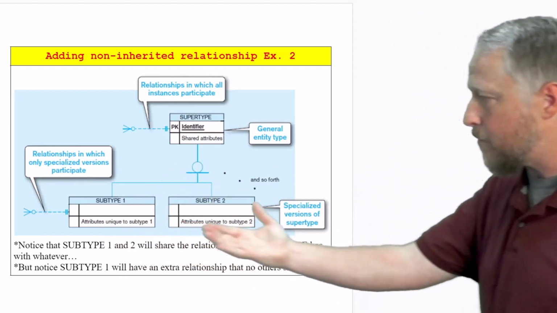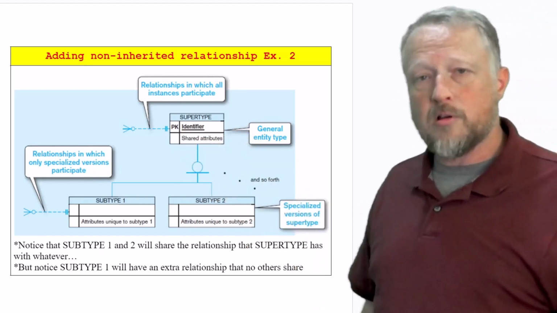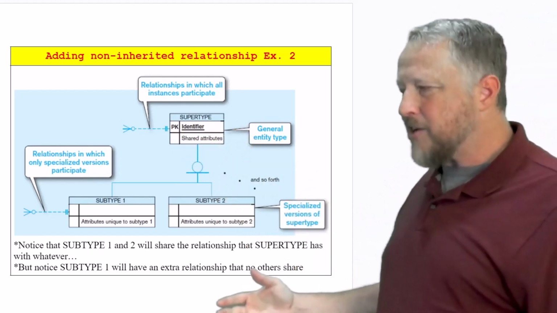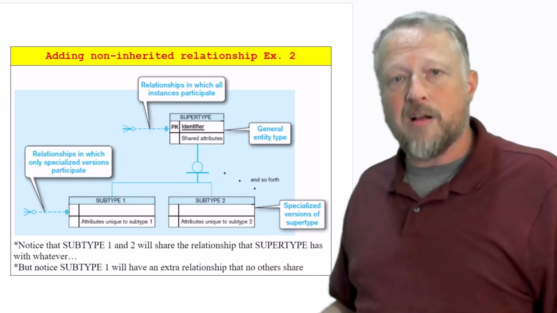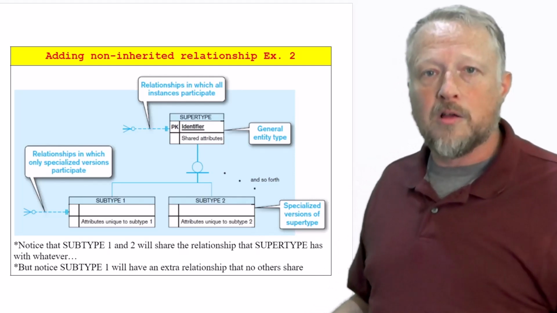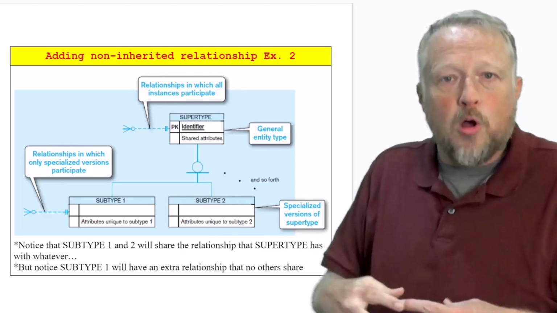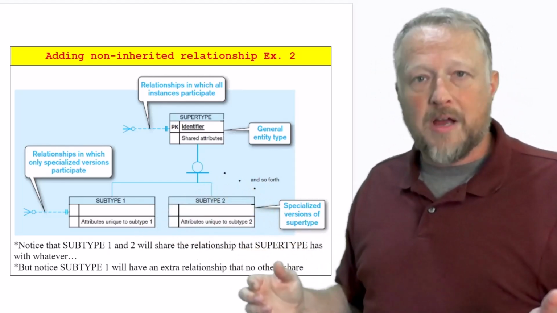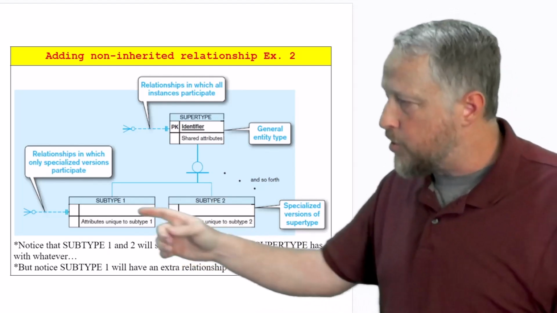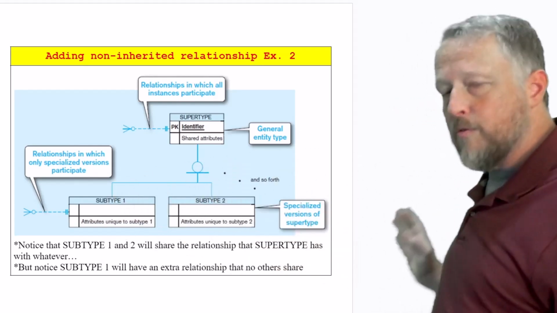It will not reflect on anybody else, the other subtypes. It will not reflect on the supertype. And this actually shouldn't be new to you because of how inheritance in programming works as well. If you include something that wasn't included in the supertype, then it belongs locally to that particular subtype. Same idea in programming. But notice just one addition of a relationship to a subtype does not reflect on everybody else.